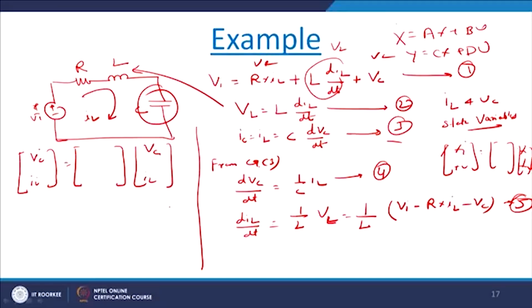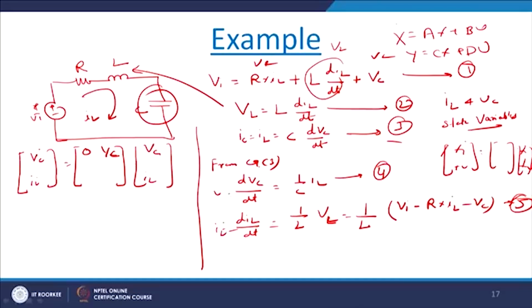Now VC dot equals 1 by C into IL, so the part concerned with VC is 0, 0 into VC, and for IL it is 1 by C. And IL dot equals, concerned with VC, 1 by L into VC, that means minus 1 by L, then about IL, minus R by L, plus, VC dot has 0 for input, and IL dot, in terms of input voltage, is 1 by L into VI.